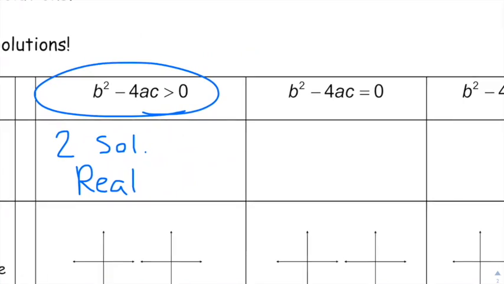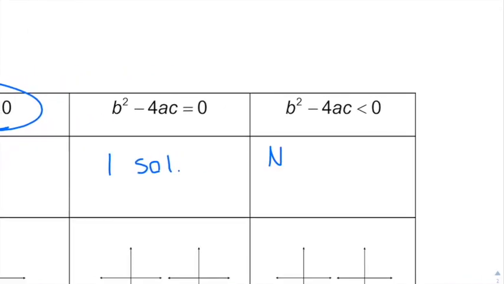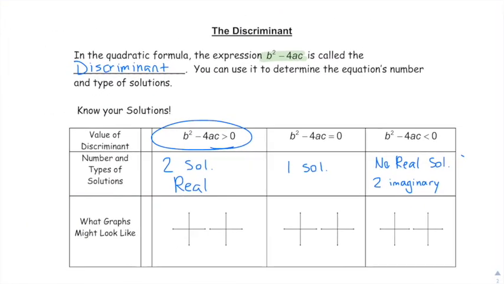Whenever it is equal to 0, you're going to get exactly one solution. And whenever it is negative, there are no real solutions, which means we get two imaginary solutions. We could really get into imaginary solutions a little bit later on in this unit.